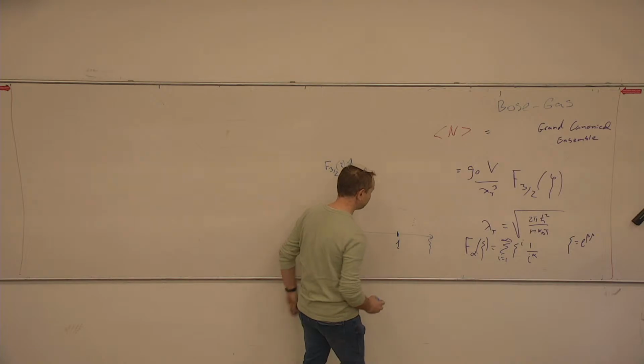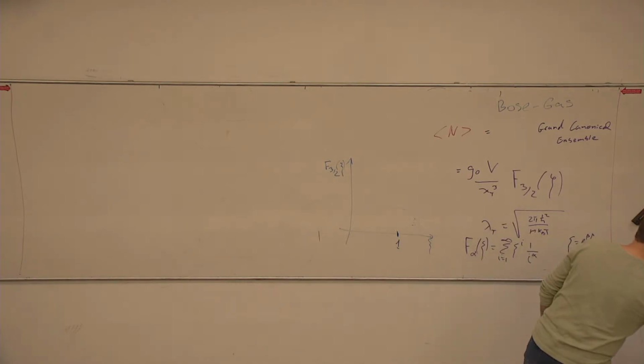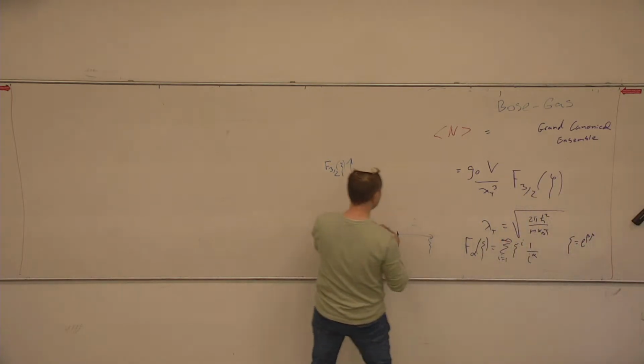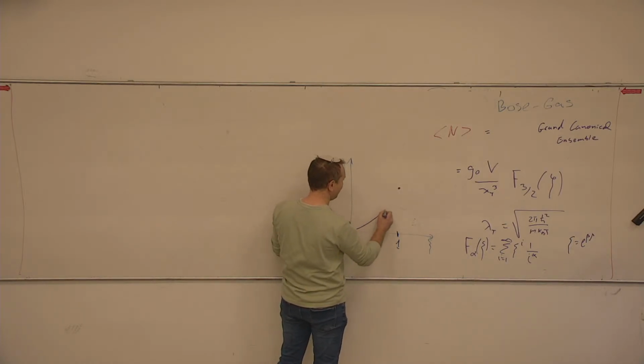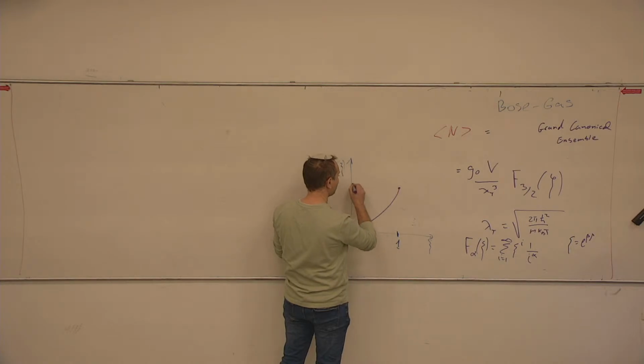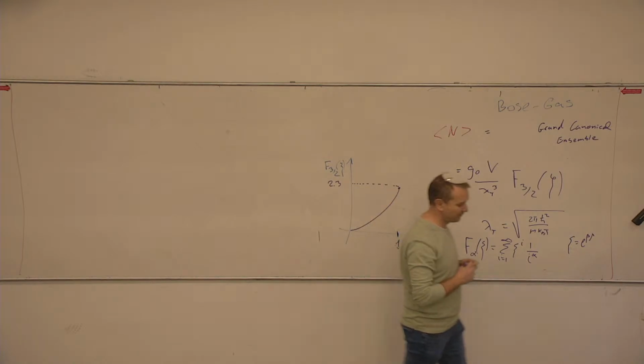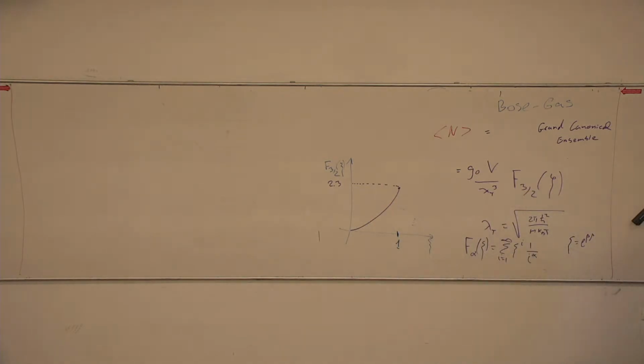This is 1. But it does not diverge at 1, it reaches a specific point. This point is 2.3 something.